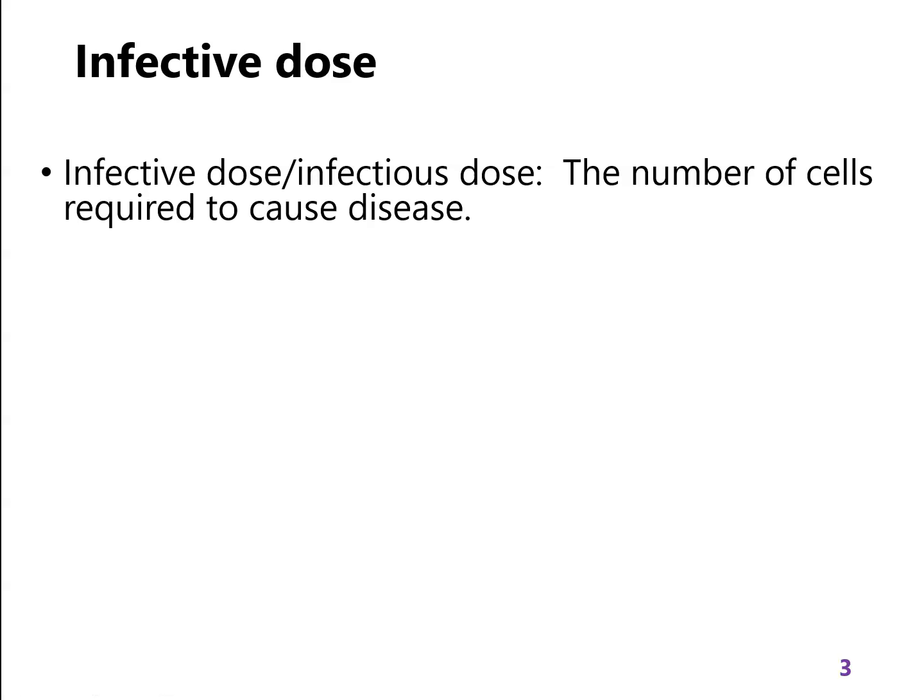This is the idea that an infectious disease, which is caused by a microorganism, will only happen if a certain number of those microorganisms get into you. So you have to be exposed to a certain minimum number of any microorganism before it can cause a disease.